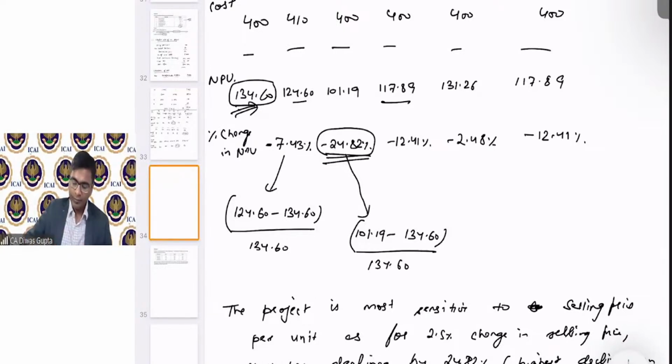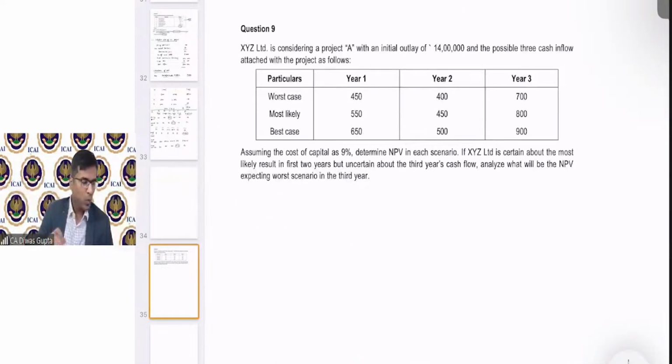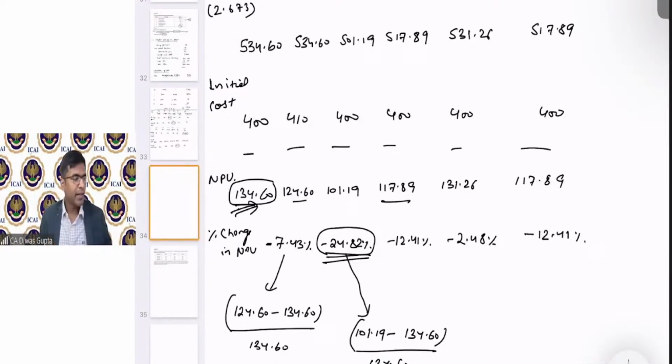Okay. Yes. Now let's come to the scenario analysis. Sensitivity is, I think, covered.